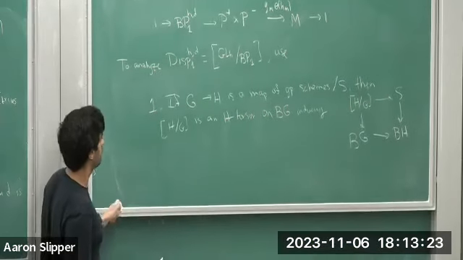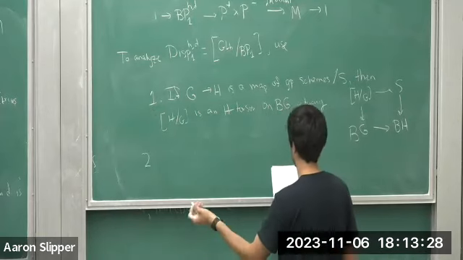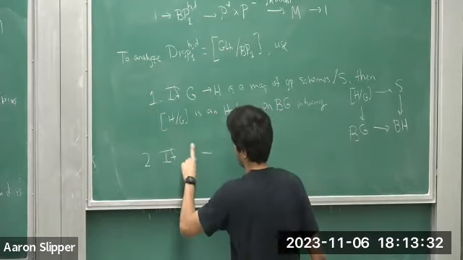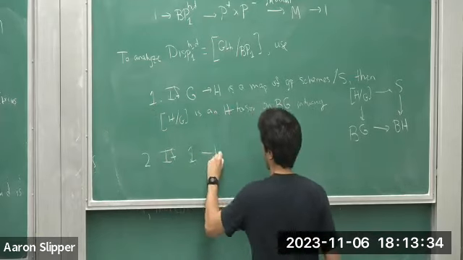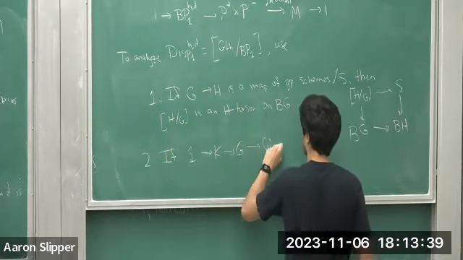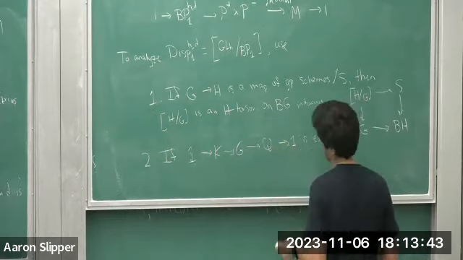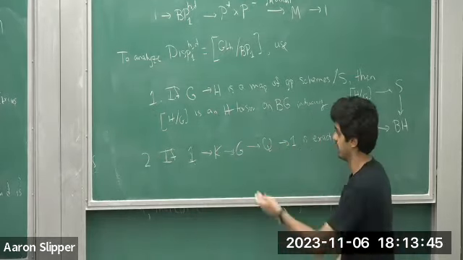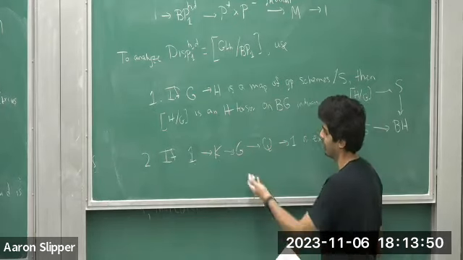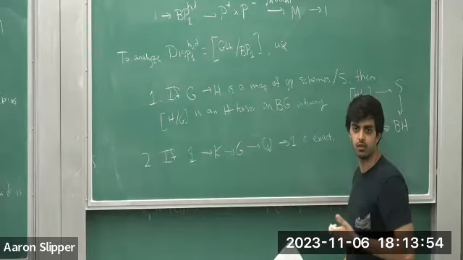And the second fact is that if you have an exact sequence of group schemes, then you can say that K-torsors are those G-torsors whose associated Q-torsor is trivial.